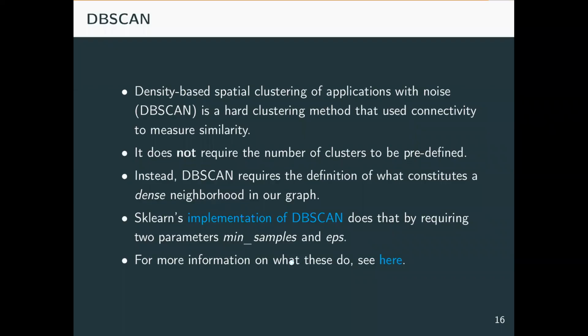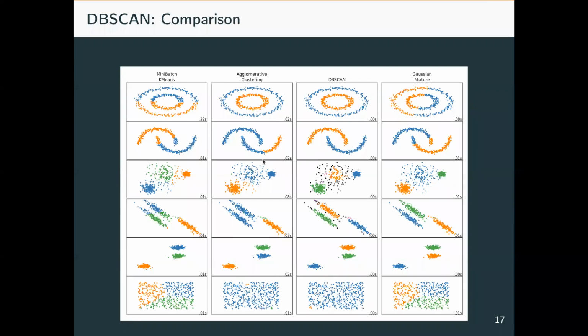Anyway, this is a subset of the picture we saw before. Here we have k-means, agglomerative clustering, which we did not discuss and we will not discuss. I'm just including it here so you will see that there are other clustering algorithms too. And then we have DBSCAN and GMMs.